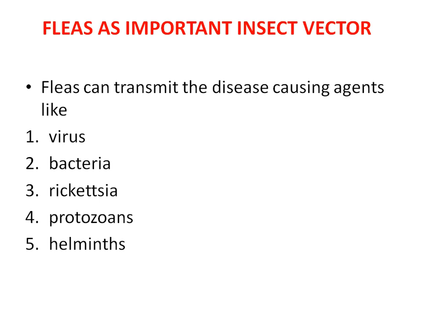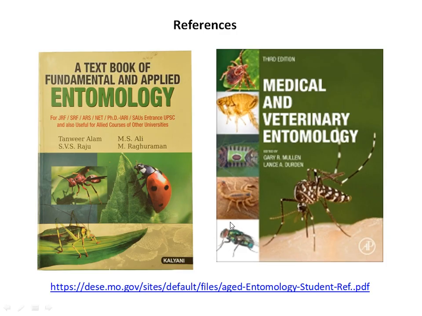The disease causing agents transmitted by fleas include viruses, bacteria, rickettsia, protozoans, and also helminths. So dear students, this is all about fleas as important disease causing vectors.